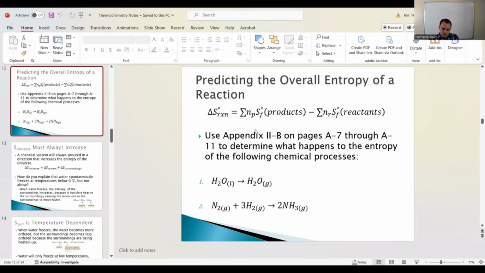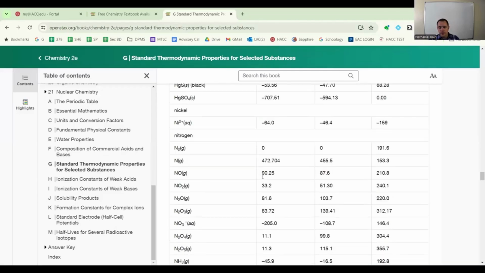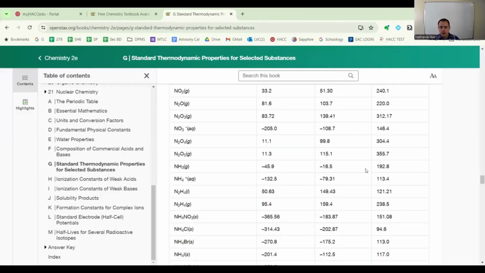So we need to look up NH3. So that's going to be under nitrogen right here. We want that one. So I'm going to try to write this down.